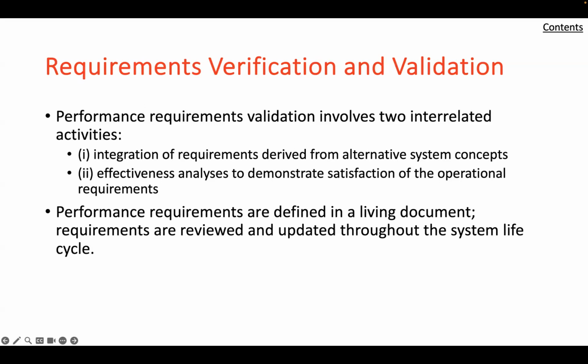And three, they completely and accurately reflect the system operational requirements and constraints, including external interfaces and interactions, so that if a system possesses the stated characteristics, it will satisfy the operational requirements.